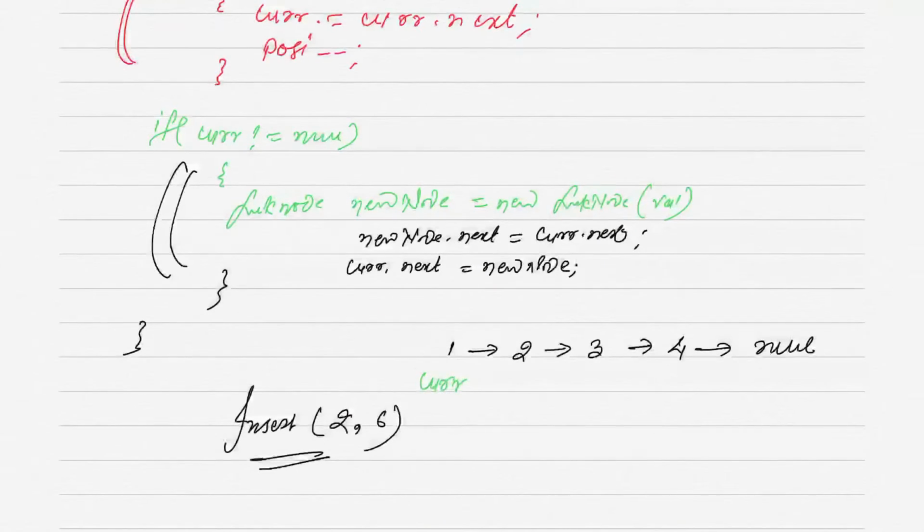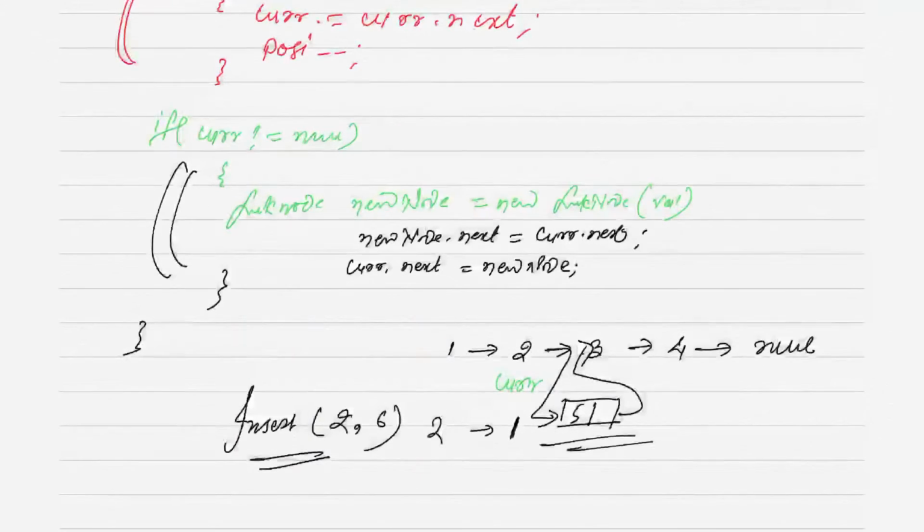The initial value of position is 2, and it will go down to 1, and current will move from here to here. So we got the current. As soon as we got the current, I am declaring one new node with 5. I am asking this 2 to point here, not here, and I am asking this one to point here. And this is how we can insert in the middle of the linked list.